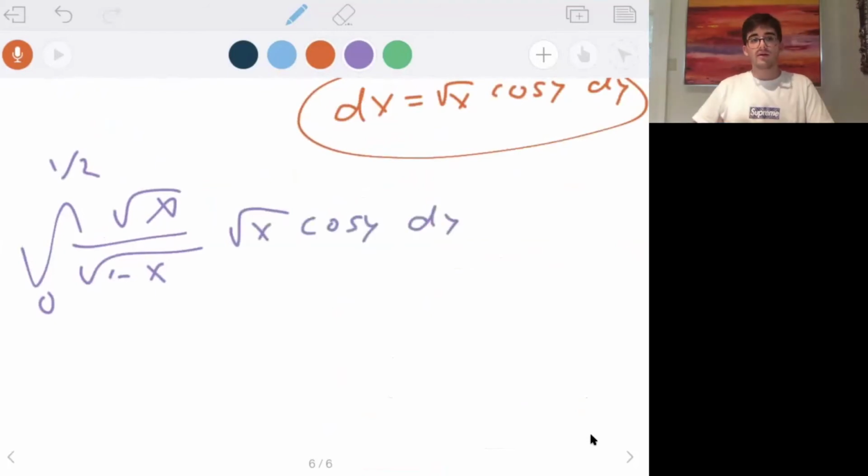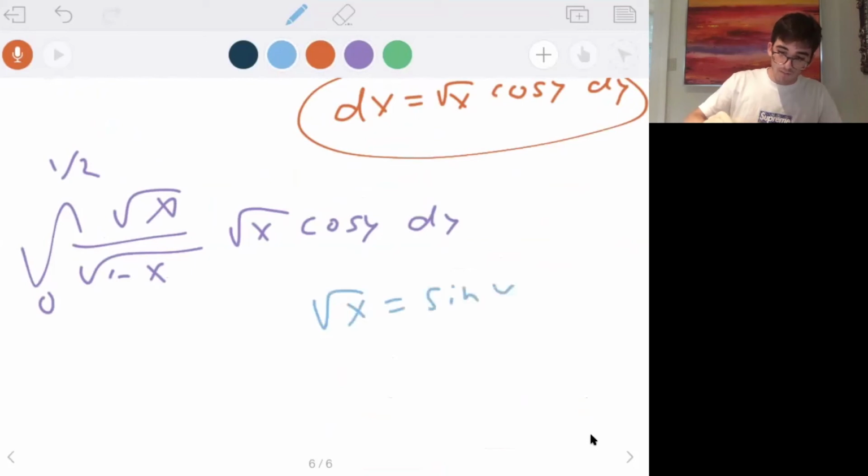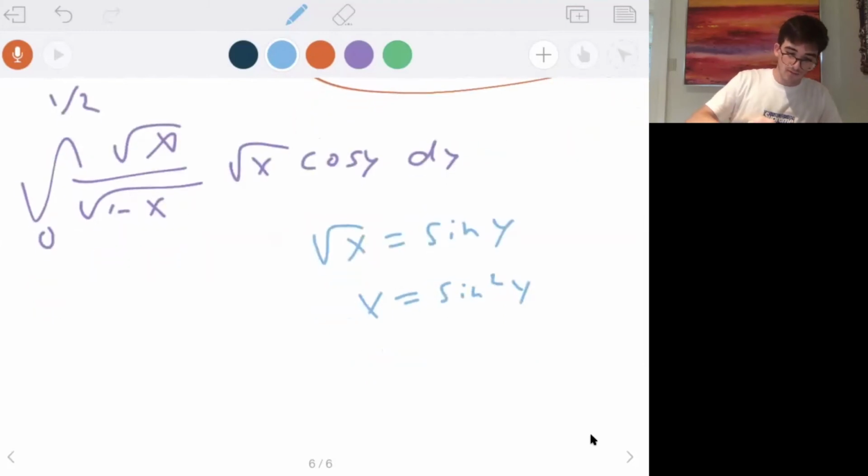The next thing that we're going to do is replace all of our x's. Because here we have 1, 2, 3 x's that we have to rewrite in terms of y. Okay, so since we know that the square root of x is equal to sine of y, we could solve for x by squaring both sides. And we'll just get that x is equal to sine squared y. Okay, great. And also we know that square root of x is sine y, so we can make that substitution as well.